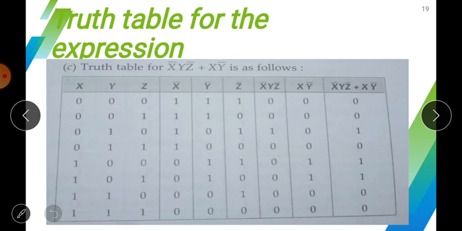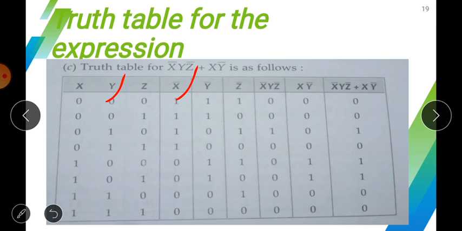Means first of all we are solving here x inverted dot y dot z inverted. Here it is done in a single column, but if you want to do it in separate columns you can do it. Means first of all you can calculate x inverted dot y, means the AND operation between this x inverted column and the y column, and in the next column you can again calculate the AND operation between the z inverted column and the x inverted dot y column.